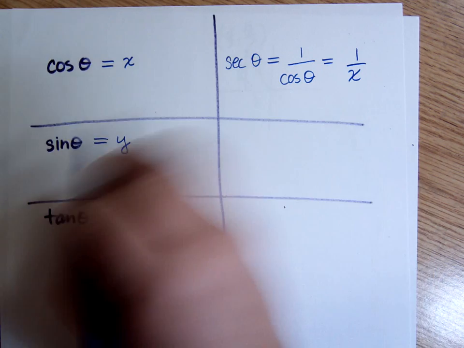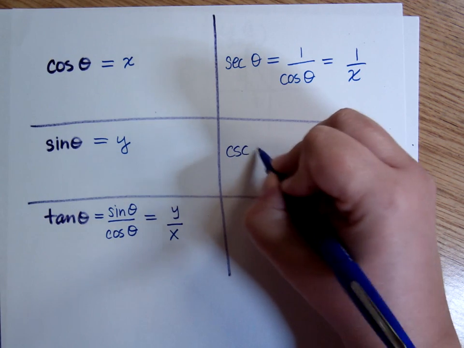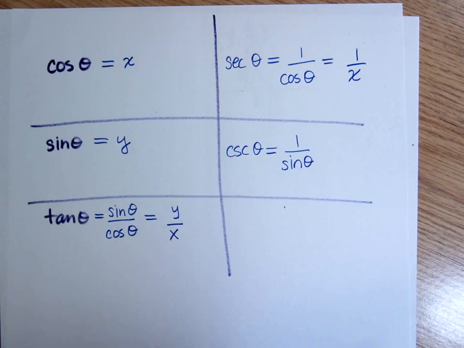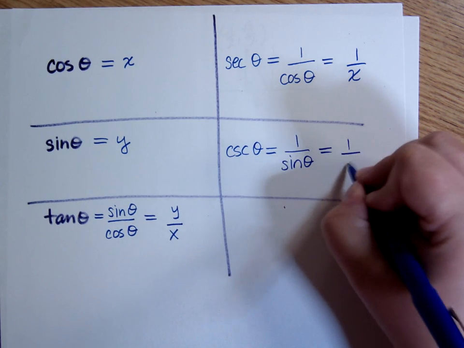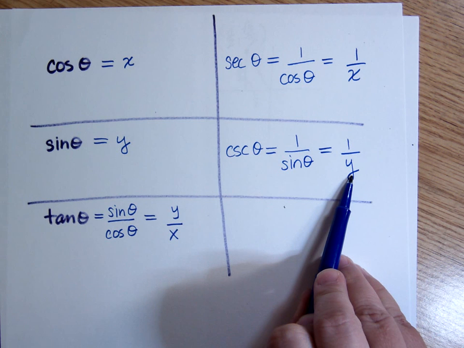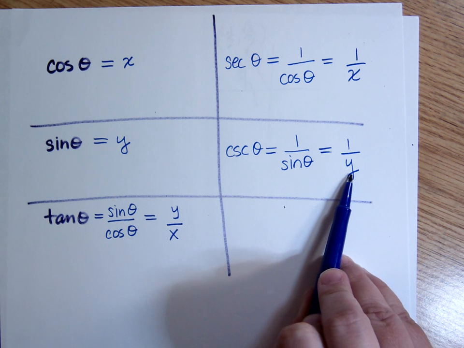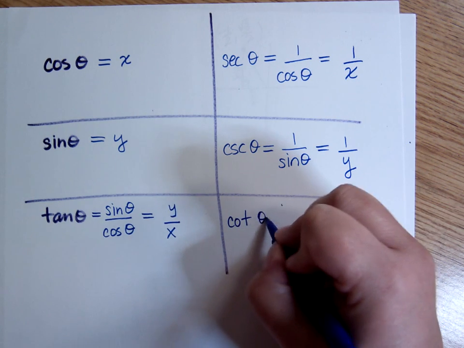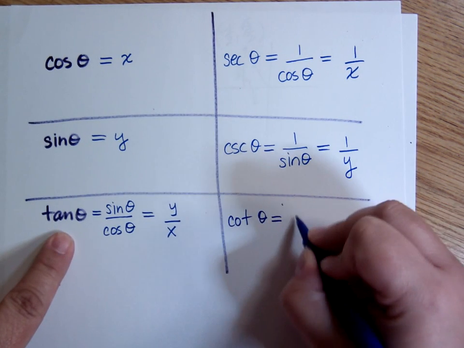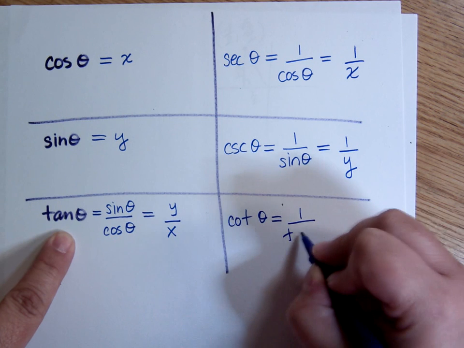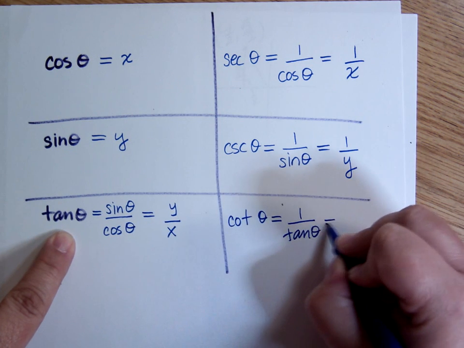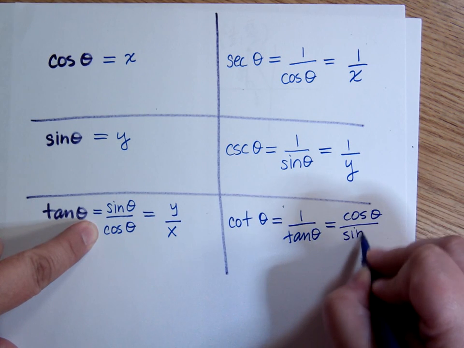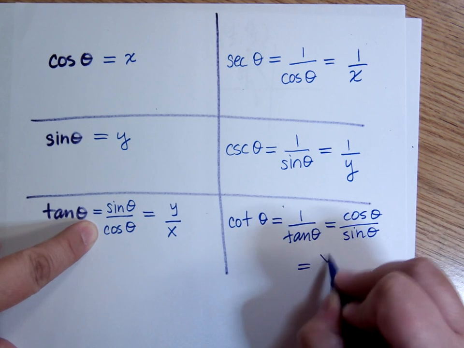The sine goes with the cosecant. It's the reciprocal of the sine, so 1 over y, which means take your y value and flip it over. And finally, the cotangent goes with the tangent. It's the reciprocal of the tangent, or cosine on top, sine on the bottom, or x over y.